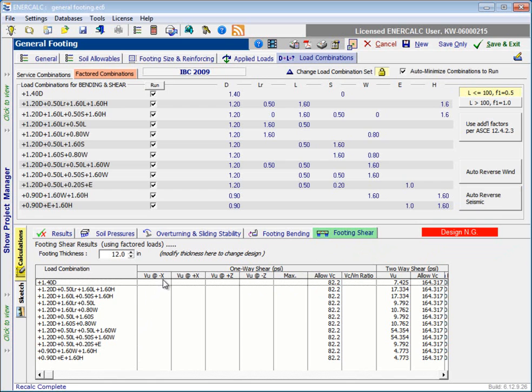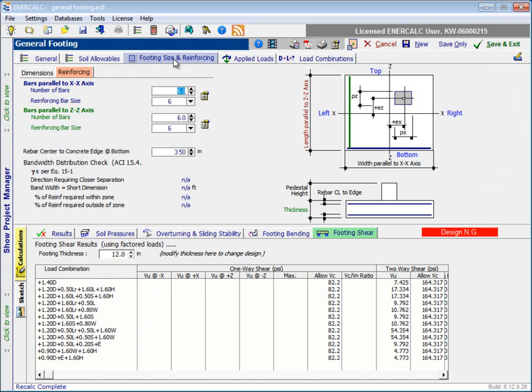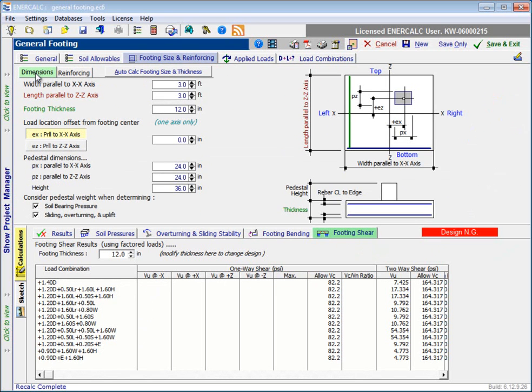And I think the reason for that is because if we just come back and revisit the footing size and reinforcing tab and then take a look at the dimensions sub-tab, remember that we poked in some values here of about 3 feet by 3 feet, and the footing thickness is only 12 inches, so that would mean that there's really very, very little room for there to be any one-way shear, because once you add d to the face of the pedestal, you're actually outside of the footing.